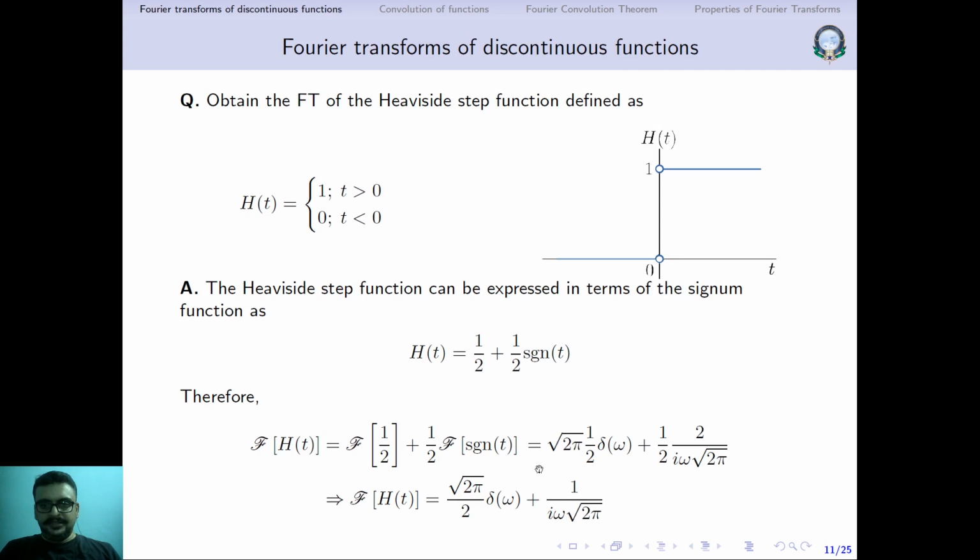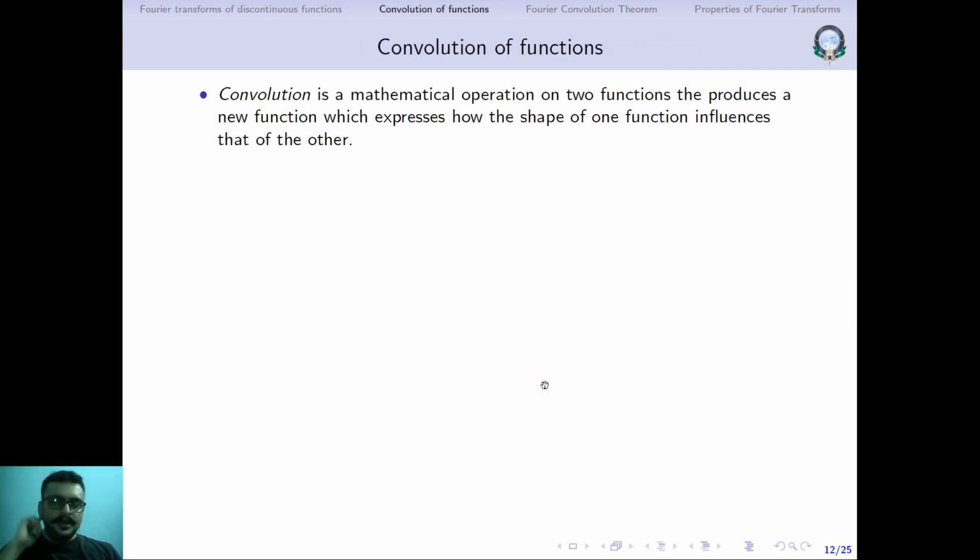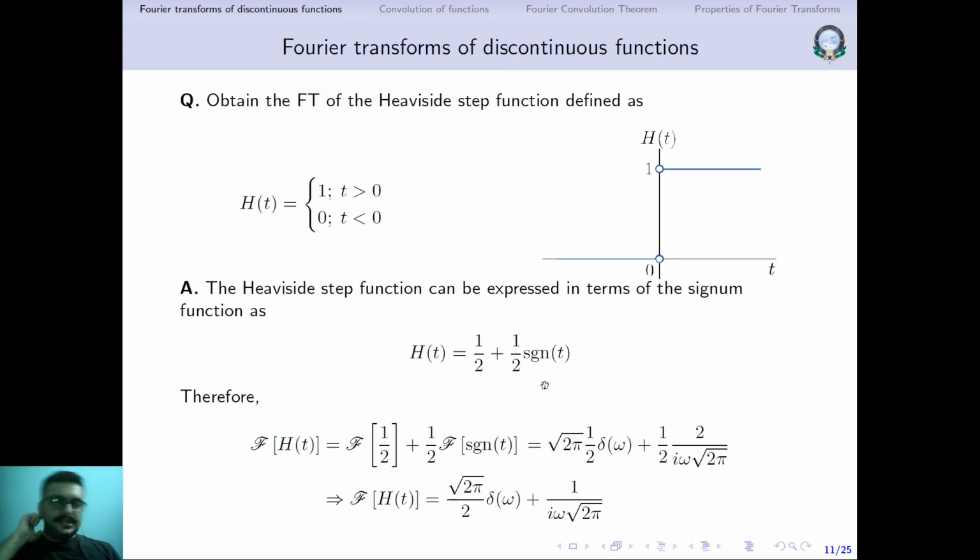So this is the Fourier transform of the Heaviside step function. In just 2 steps we have been able to obtain it, provided we know the Fourier transform of the Signum function. So with this we come to the end of these applications of the Fourier transforms on discontinuous functions.